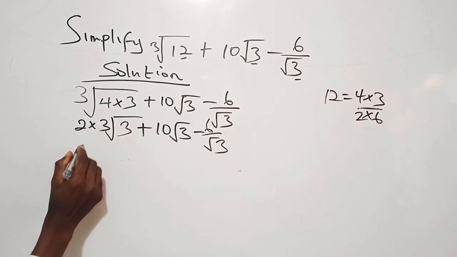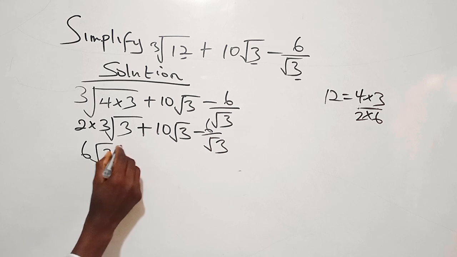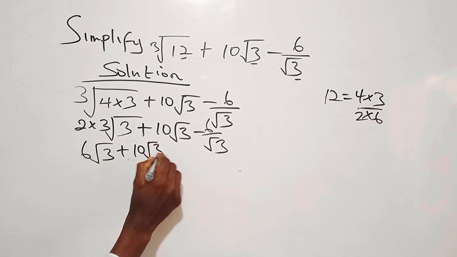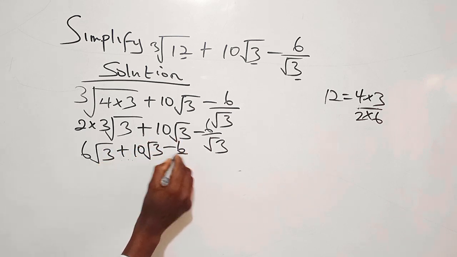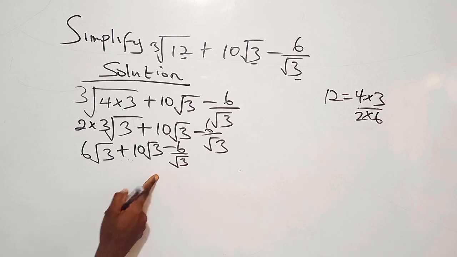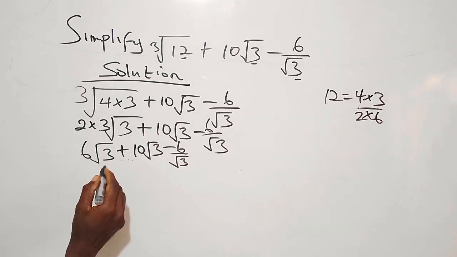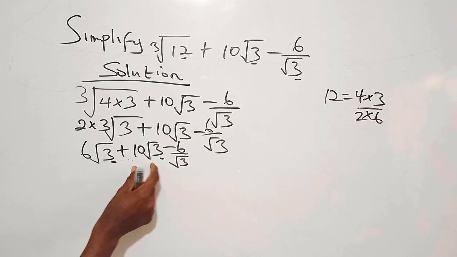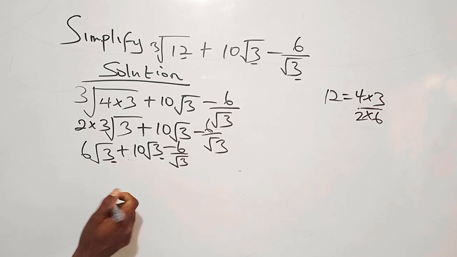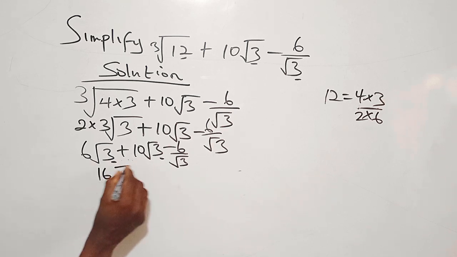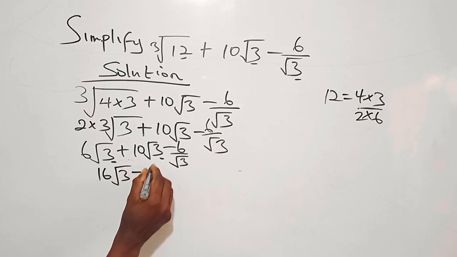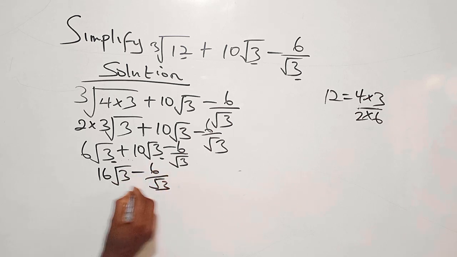So 2 times 3 is 6 root 3, plus 10 root 3, minus 6 divided by root 3. Since you have the same roots and you're adding, you can add up. 6 root 3 plus 10 root 3 is 16 root 3, minus 6 over root 3.